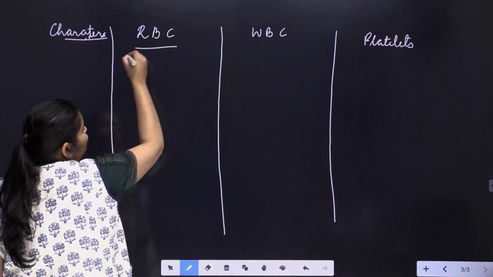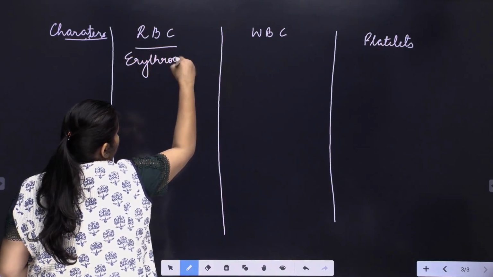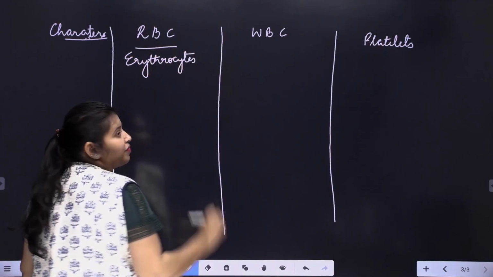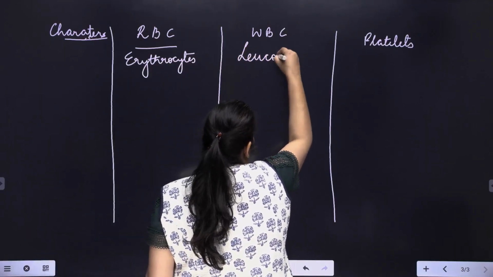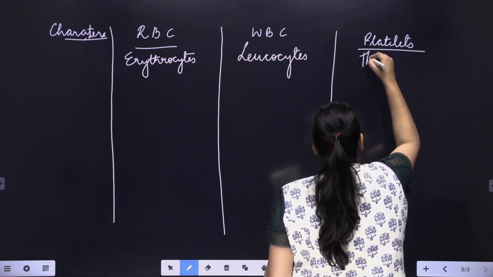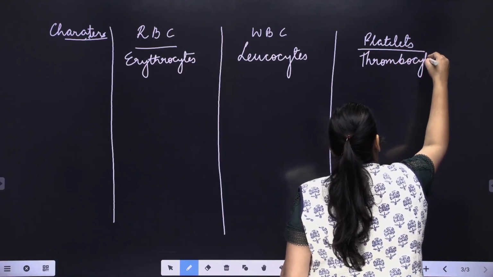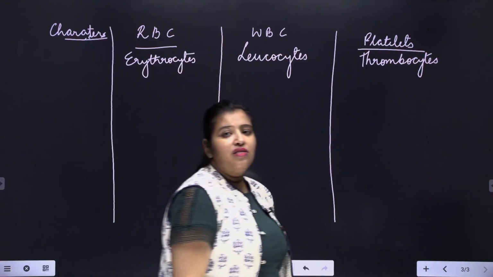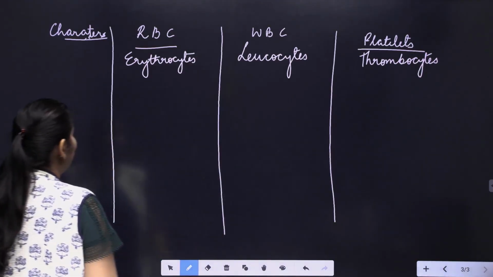RBC is also known as erythrocyte. Clear? WBC, leukocytes, and platelets are known as thrombocytes. These are the three different cells which are present in the blood. They have different functions, yes?